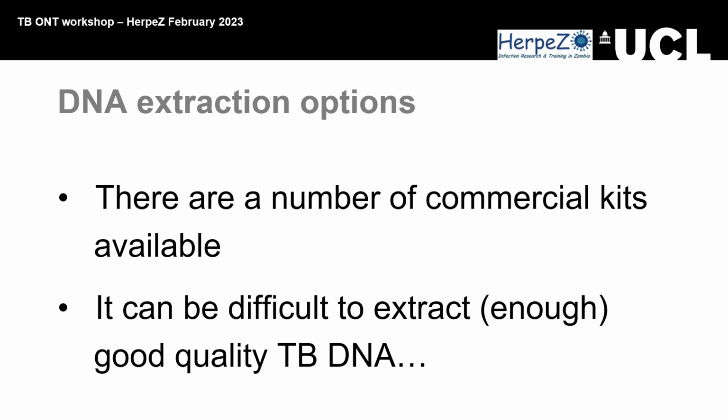Generally you find they're not powerful enough to break down the cells. You will probably get some DNA, but getting between 50 and 400 nanograms can be quite difficult with the commercial kits. So this is why CTAB is generally used.